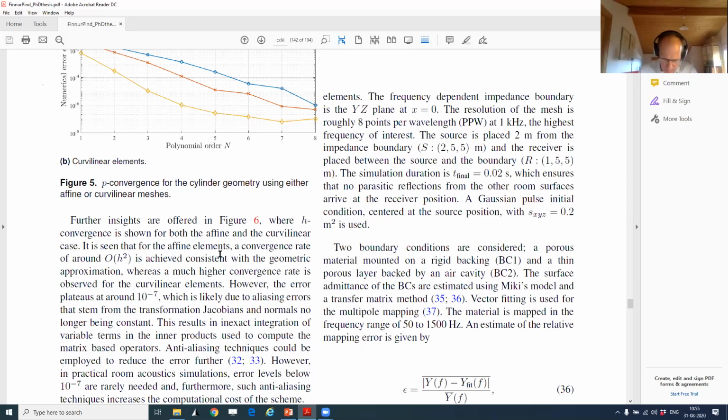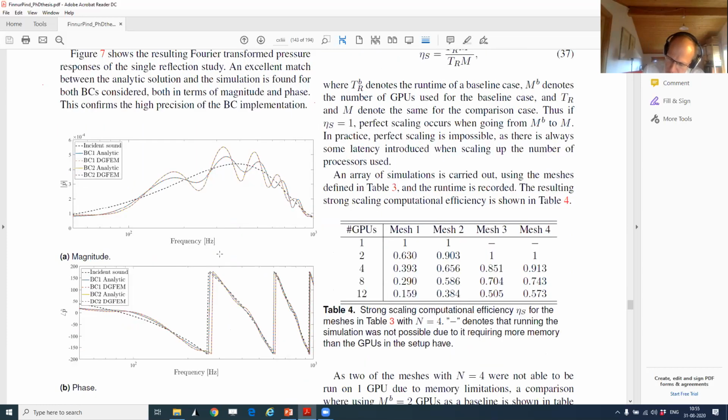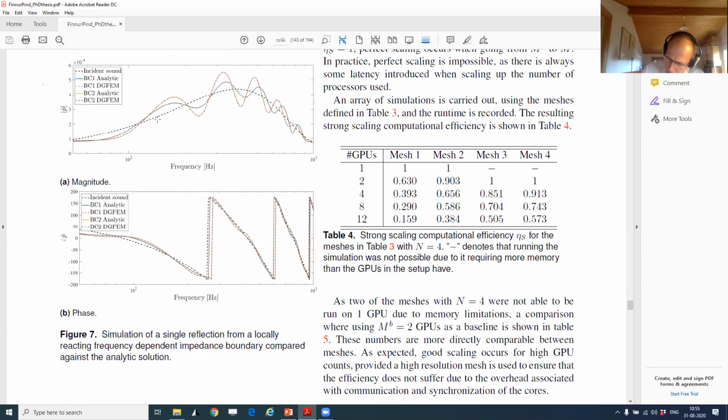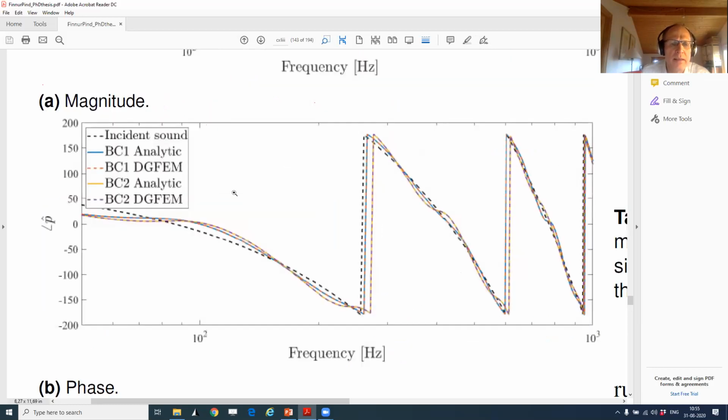But the results very often look very impressive. In figure 7, when you show the simulation of a single reflection from a surface, it's a little bit difficult to see, but the match for the magnitude seems to be really, really good. And is it equally good for the phase, or is it a little bit difficult to separate the curves?